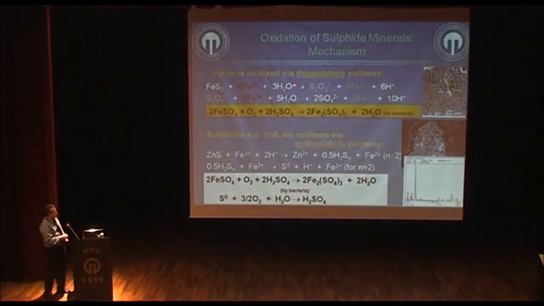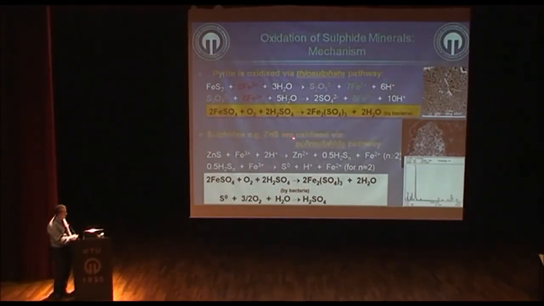So pyrite is oxidized via the thiosulfate pathway, as we see here, which means when pyrite is oxidized, no elemental sulfur or just little elemental sulfur can form, and basically the sulfide sulfur of the pyrite converts to sulfuric acid, as we see here. And the ferrous iron released here can be converted to ferric iron by bacteria present within the system.